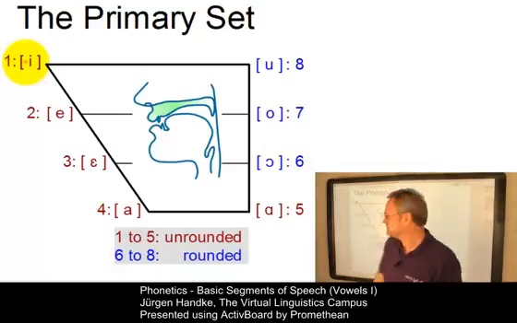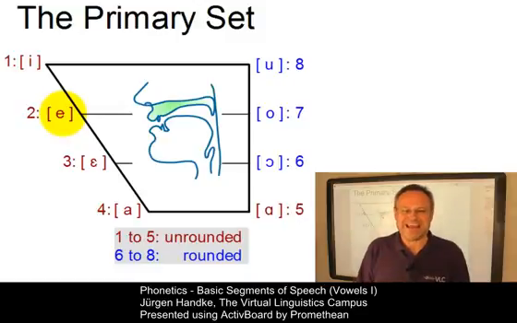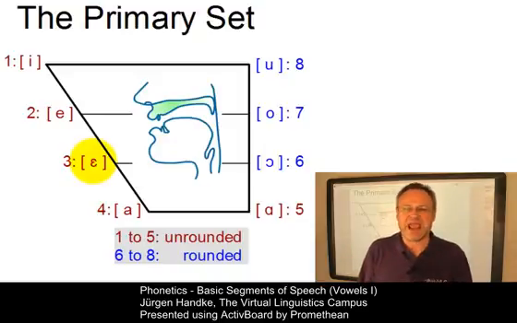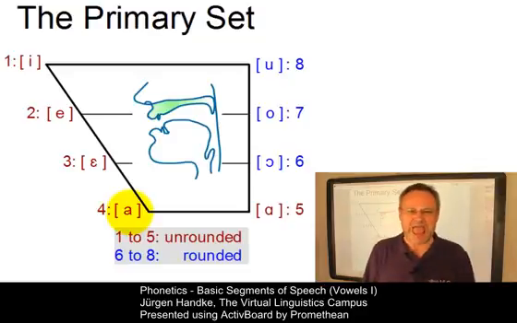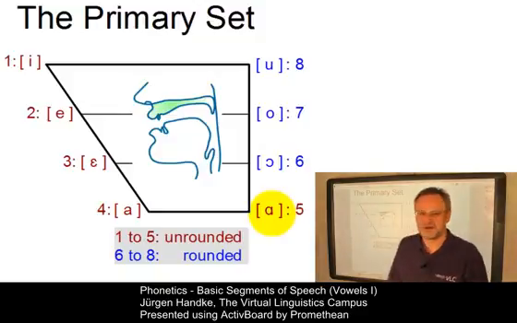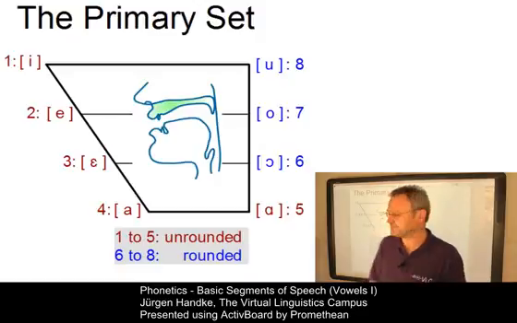E, E, A, A, O, and these vowels I've just produced are produced with spread or unrounded lips. Now cardinals number 6 to 8 are produced with rounded lips. Here they are.